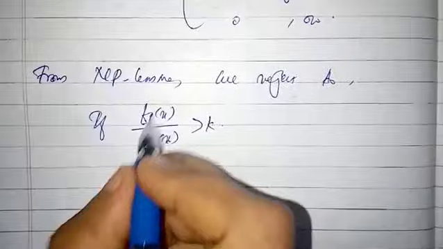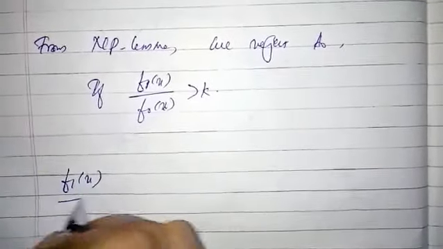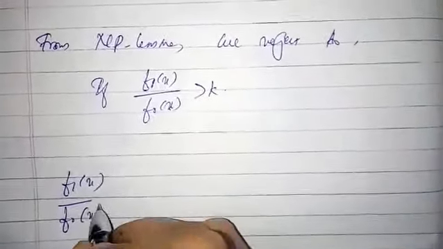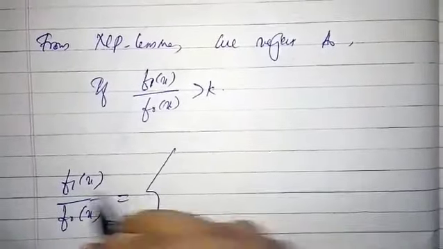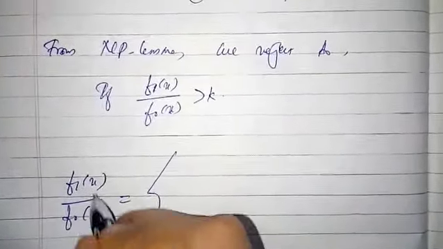So what is the value of f1 of x divided by f0 of x? We have to take the ratio.